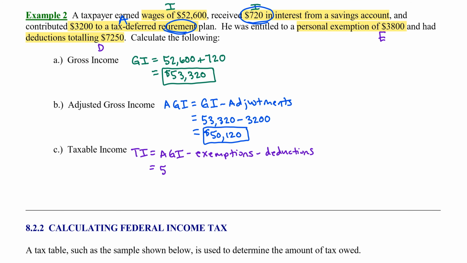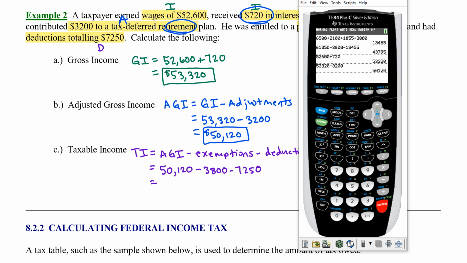So here we go. His adjusted gross income, $50,120, minus his exemptions of $3,800, and his itemized deductions. We're not told about the details, but remember that could be things such as contributing to charity, interest on your home mortgage, property taxes, etc. Okay, so let's calculate his taxable income. $50,120 adjusted gross income minus $3,800 in exemptions minus $7,250 of deductions.